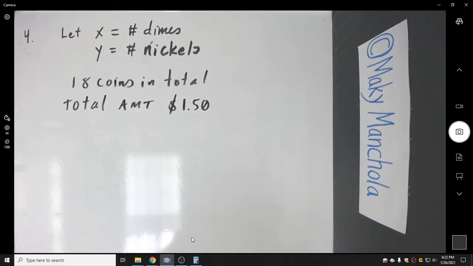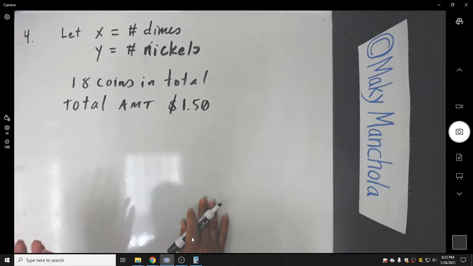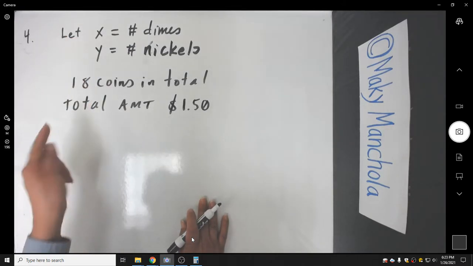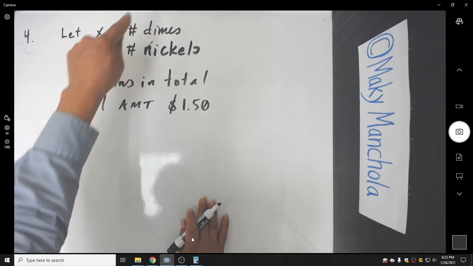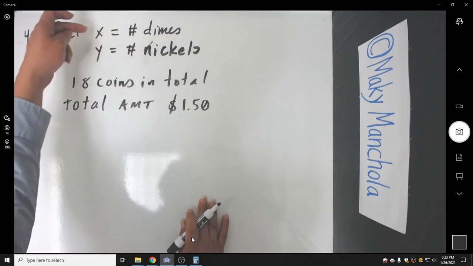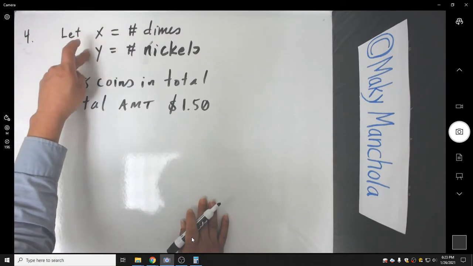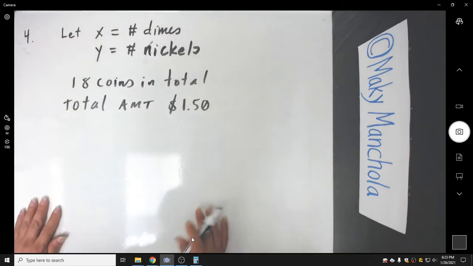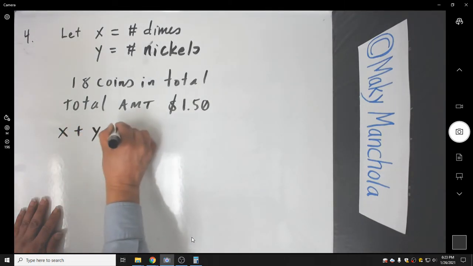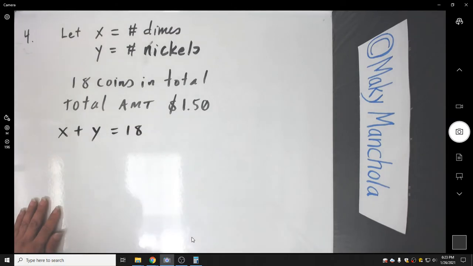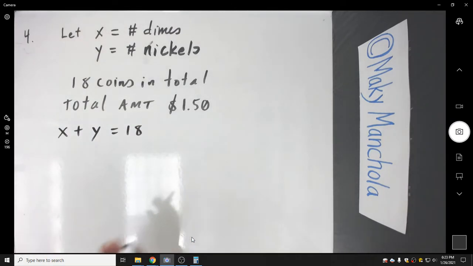Okay, so let's put this information in terms of X and Y. If you have 18 coins in total and the coins you have are dimes and nickels, then the number of dimes plus the number of nickels is 18. So X plus Y equals 18.